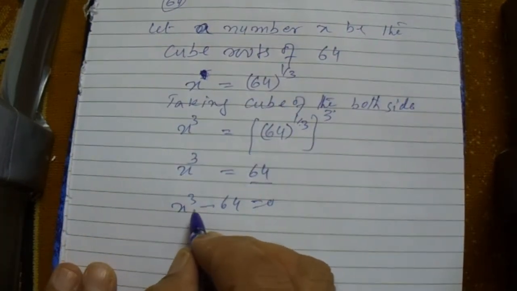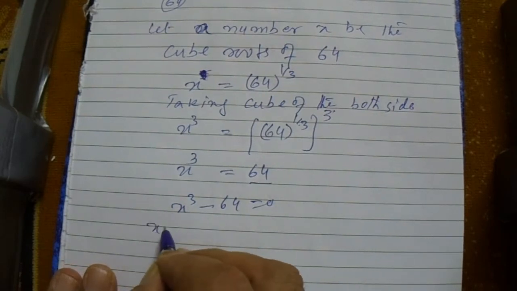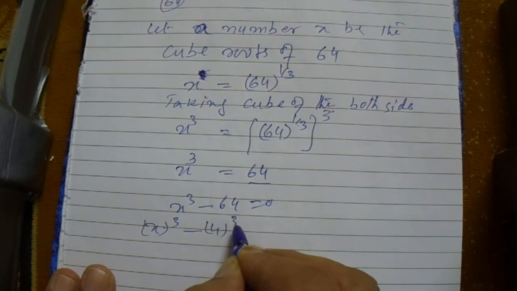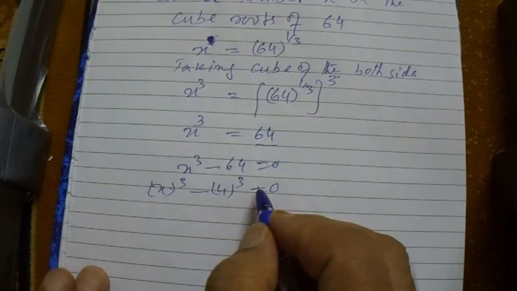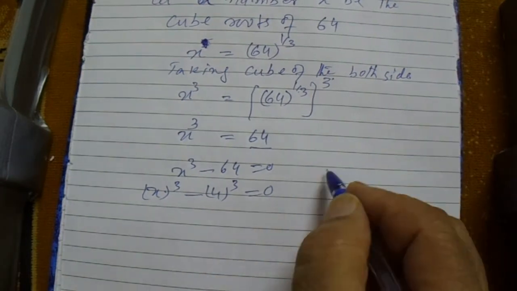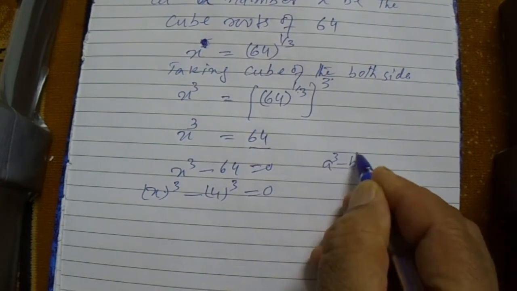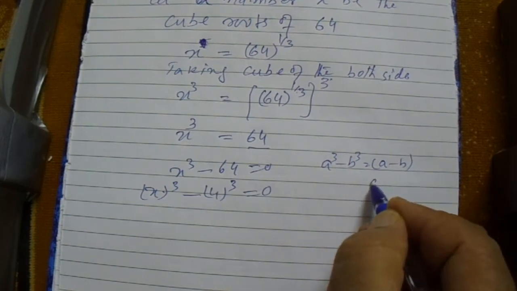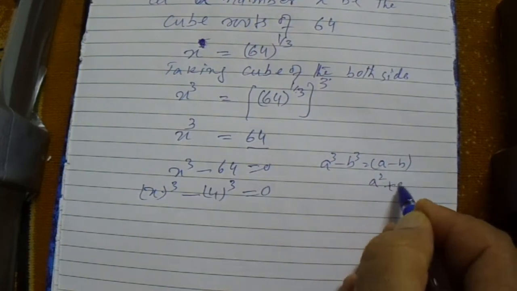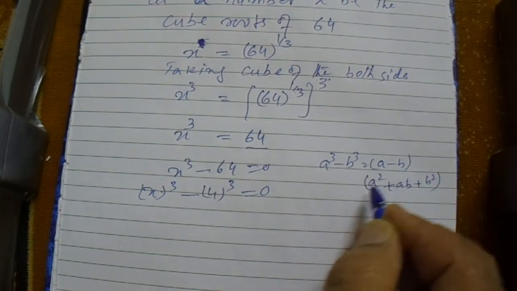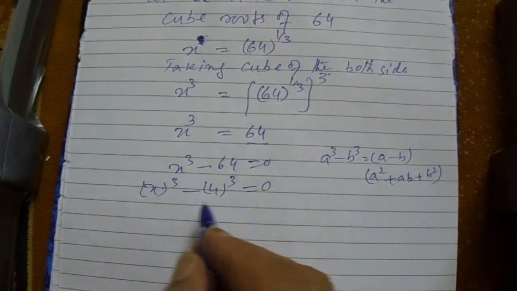Now we write this as x cubed minus 4 cubed is equal to 0. Now we solve this, and we know the formula a cubed minus b cubed is equal to a minus b times a square plus ab plus b square. This is the formula we have learned in class 9th.